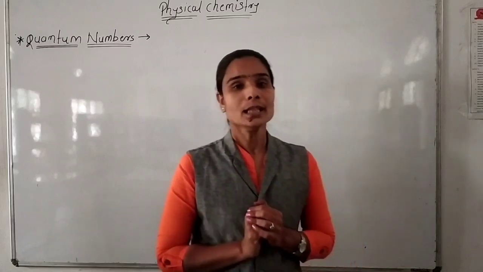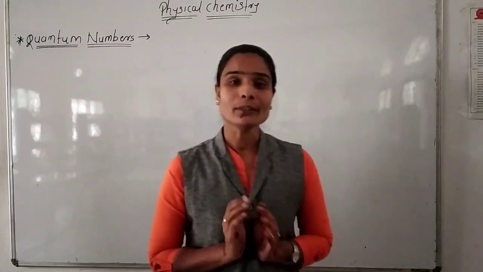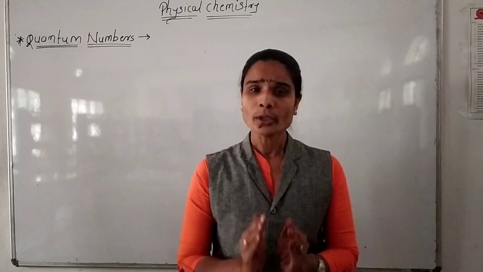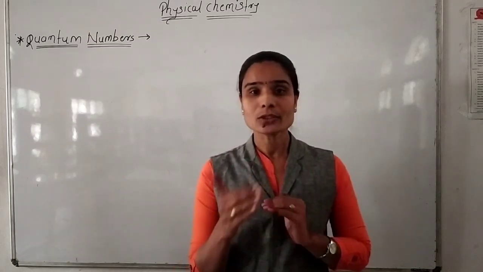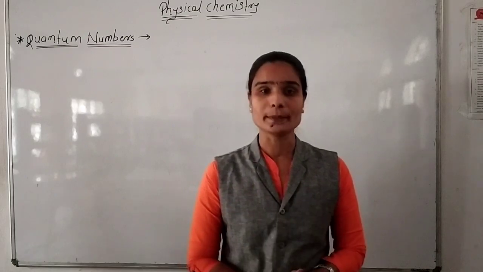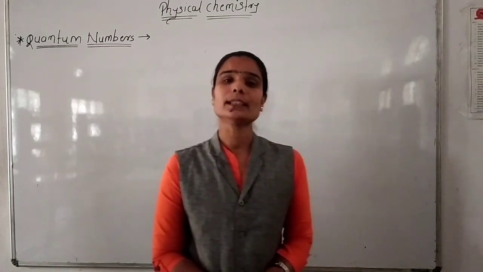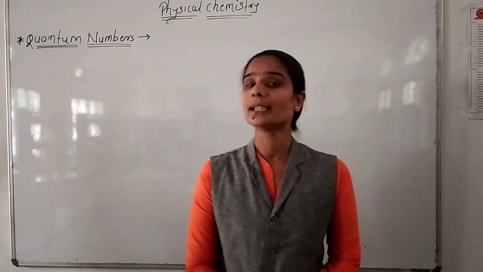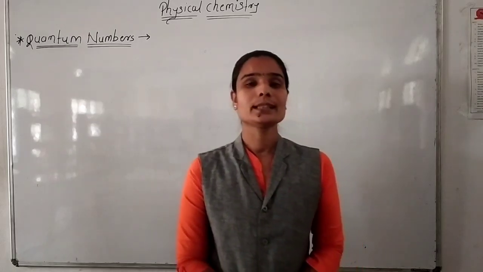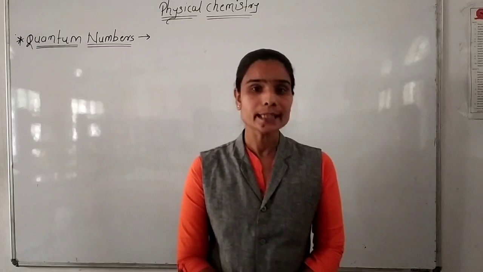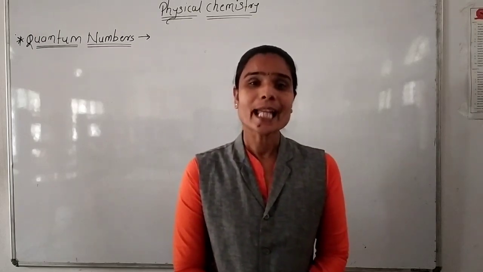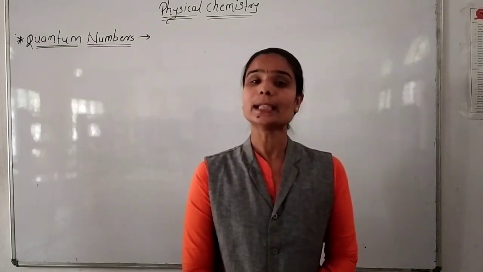For example, suppose the electron is present in the first shell s orbital, or second shell s orbital, or second shell p orbital. All this information is given by the azimuthal quantum number, and the most important thing is that the azimuthal quantum number is always less than the principal quantum number, that is, l is at most n minus 1.